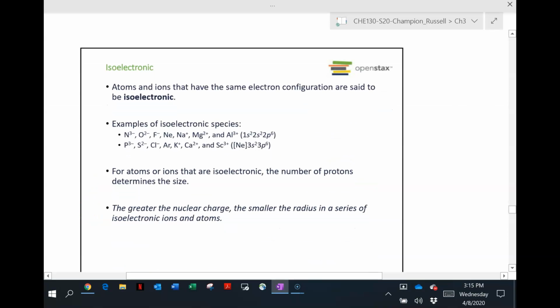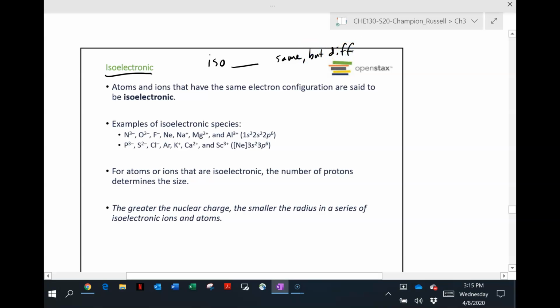Now, a concept that is useful for comparing the size of ions is the concept of things being isoelectronic. Anytime you see iso something, that means something's the same, but something's different. Right?